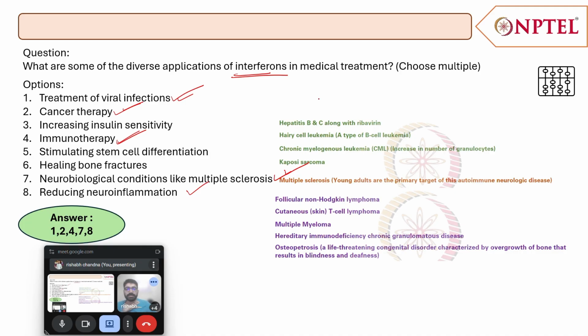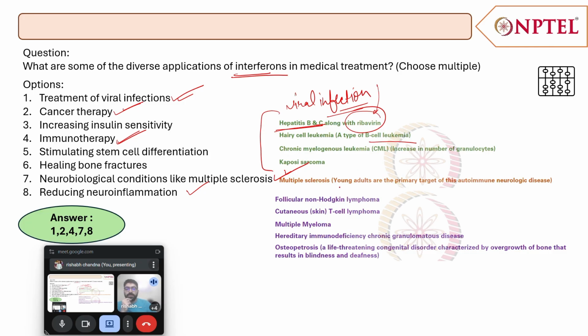It is basically seen in viral infections, for example in hepatitis B and C. Hepatitis B and C are caused by viruses, and interferon can be administered along with ribavirin. Then in case of hairy cell leukemia, a type of B cell leukemia, CML, and Kaposi sarcoma, we can actually give interferon therapy.